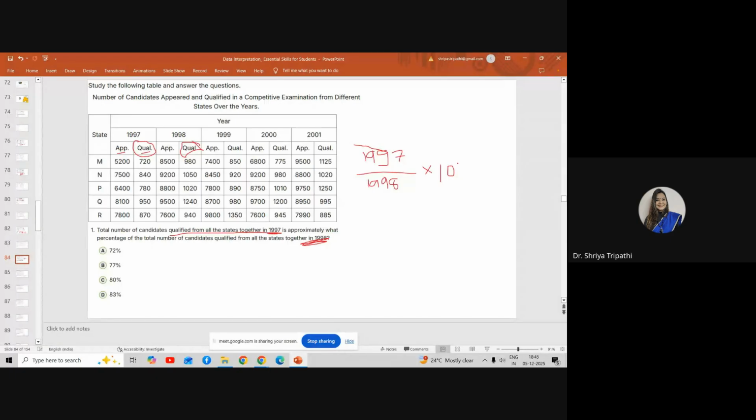Anyone found out for 1997 what figure is coming? Four one six zero. Okay, good. 4160 and 1998.